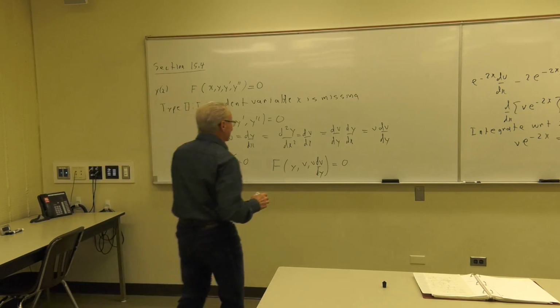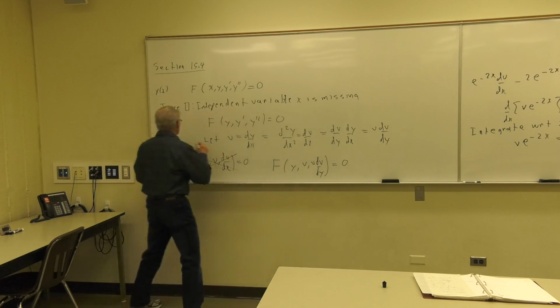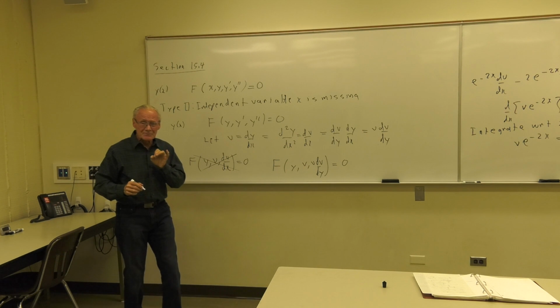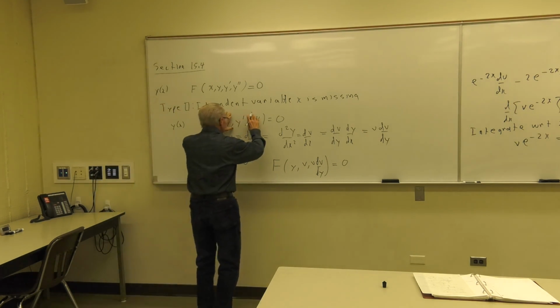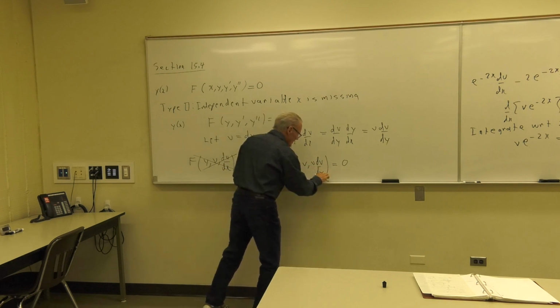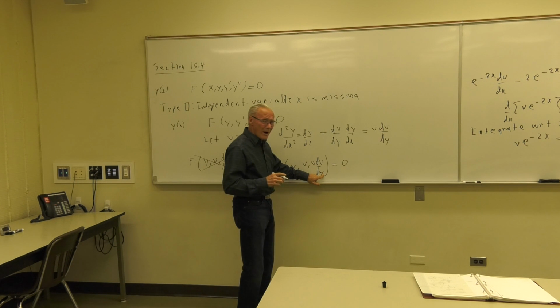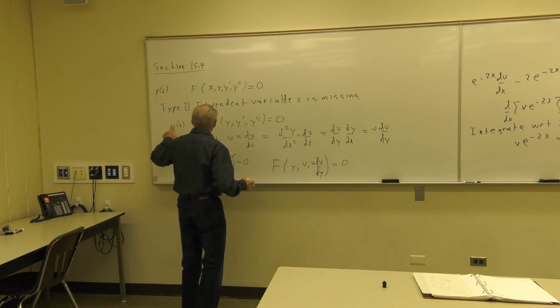But notice the drastic change. Ultimately, what you're searching for is y as a function of x. That's the objective. Find y as a function of x that satisfies this differential equation. And you look at here, what you're now going to be looking at is v as a function of y. y has changed its role temporarily from a dependent variable.